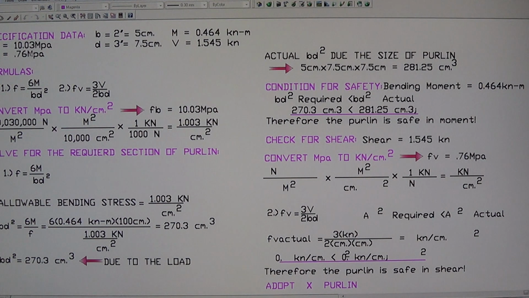The allowable stress for the shear, this is the perpendicular shear, transverse, is 76 MPa. You have to convert this again to centimeter square. To do that, we have to do that process again.